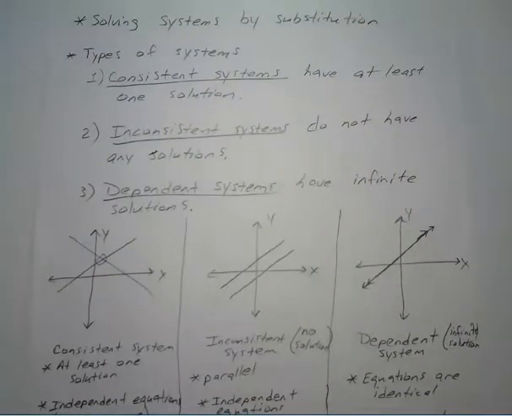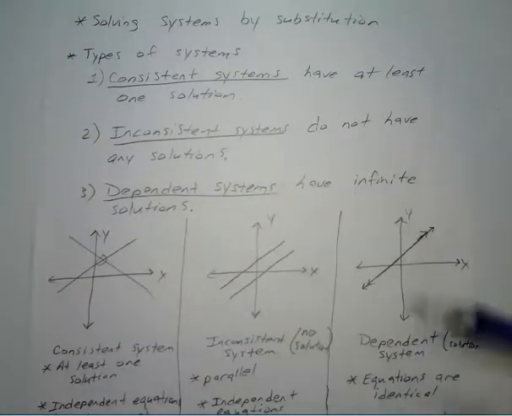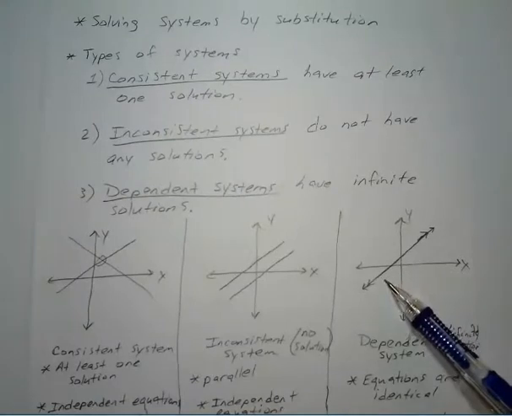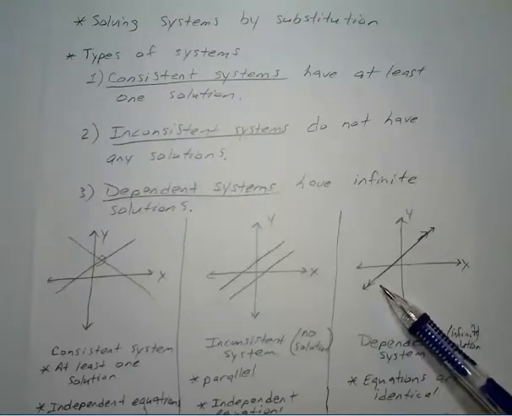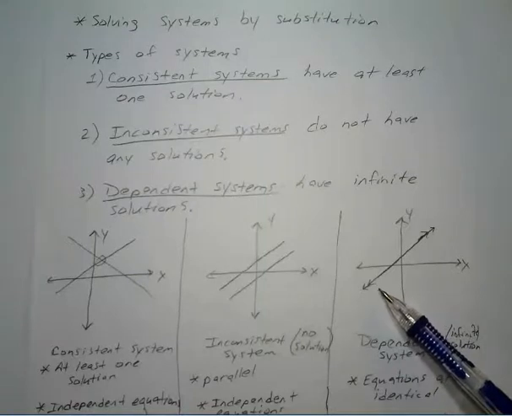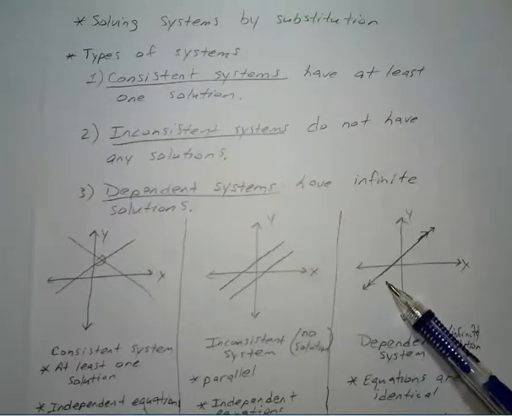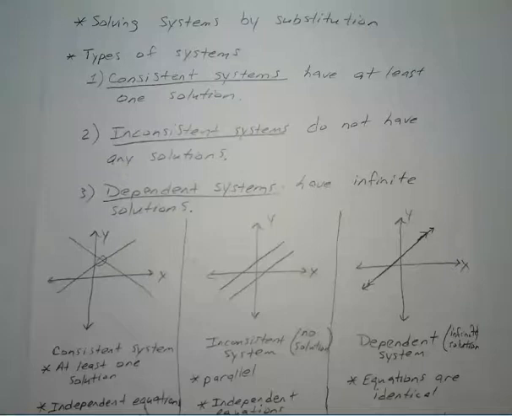There we go. So dependent systems have infinite solutions. That's where you have your first graph and then your second line is directly on top of it. So basically they're the exact same equation, they just look a little bit different.